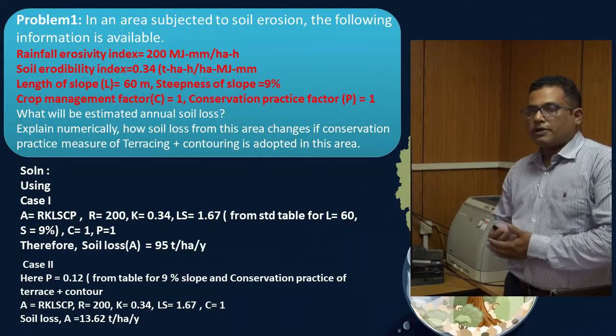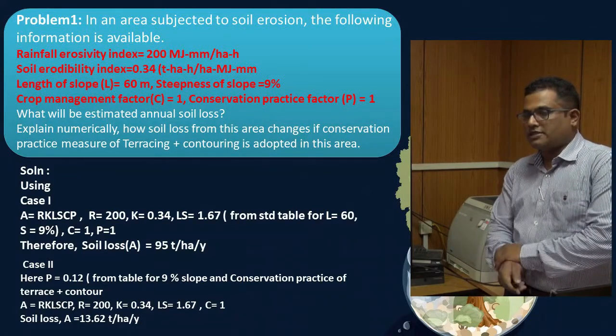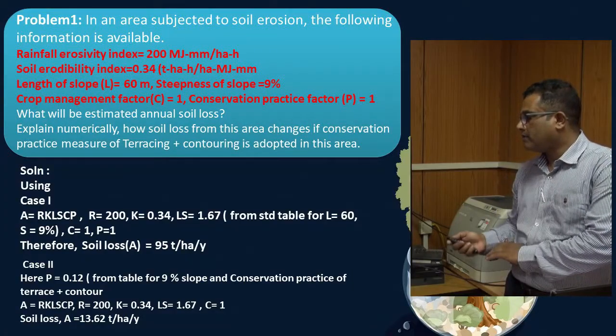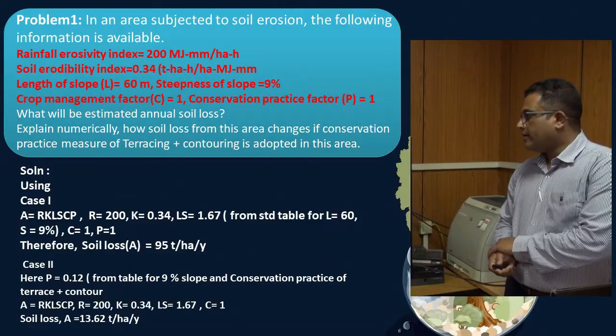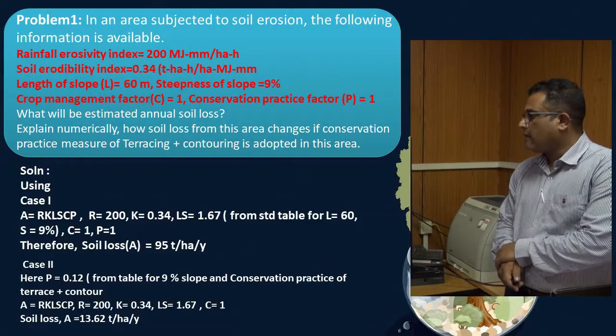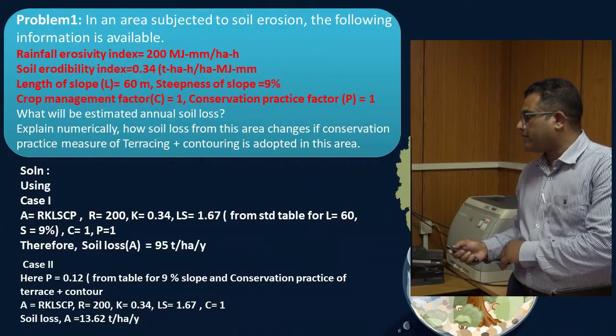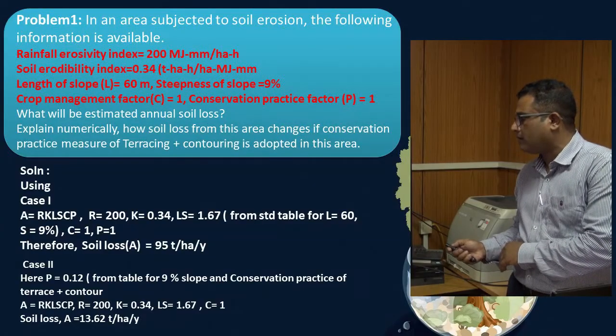Let's do one problem based upon this universal soil loss equation. The problem goes like this. In an area subjected to soil erosion, the following information is available. Rainfall erosivity index is 200 megajoule mm per hectare hour.